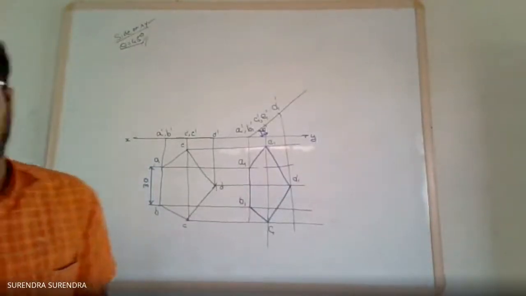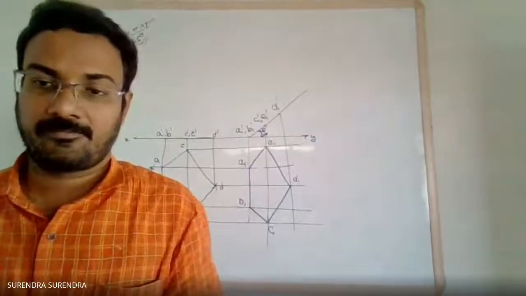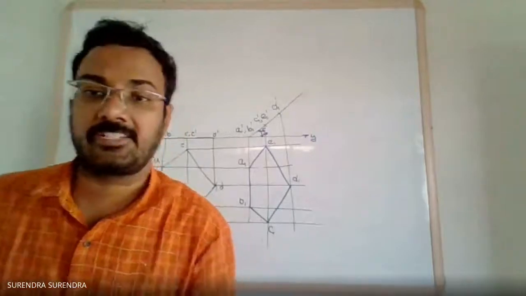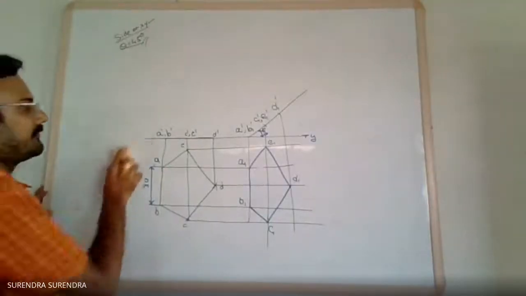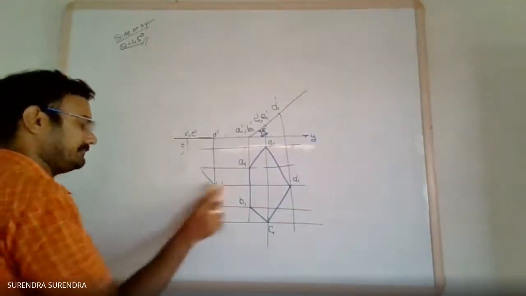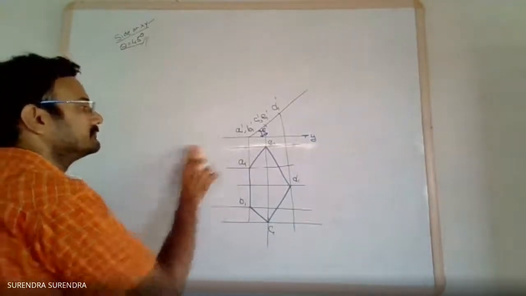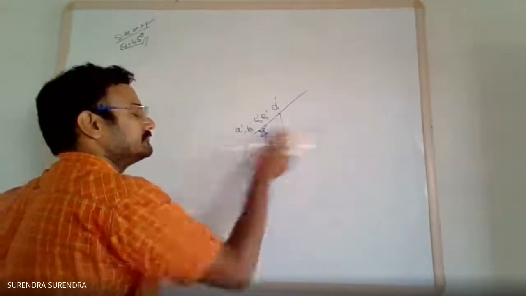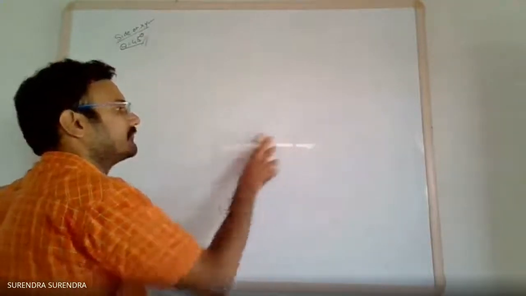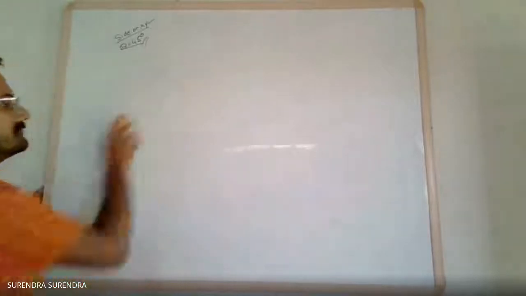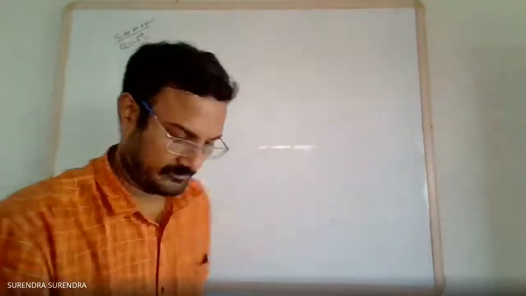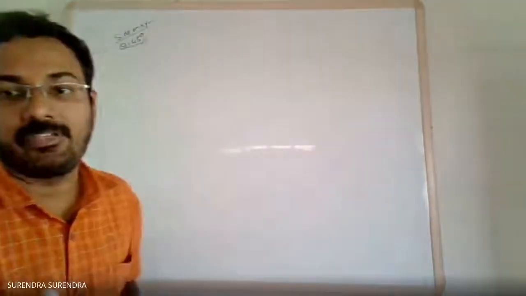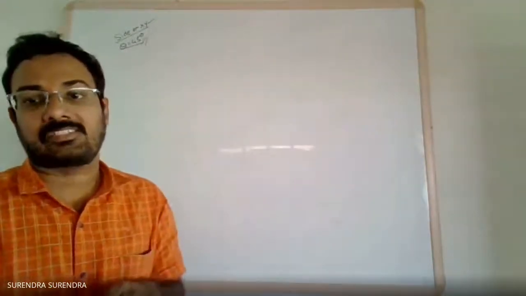Now, meanwhile, read the second problem, the third problem in the sheet. Hexagonal lamina of side 20 mm. So the side length is 20 mm, and it has a corner in it.